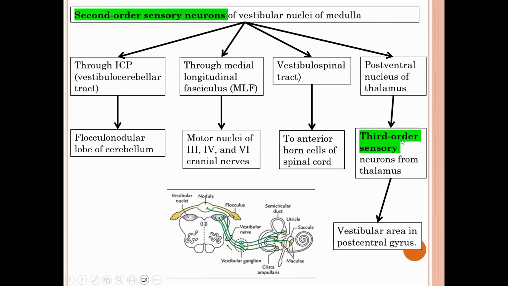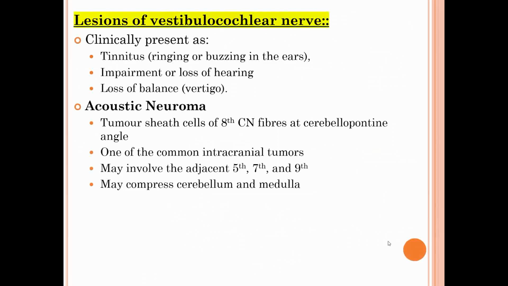From the posteroventral nucleus of the thalamus, the third order sensory neurons arise and go to the vestibular area in the postcentral gyrus. So that is the pathway for balance.